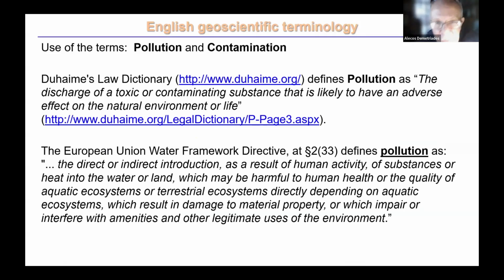The European Union Water Framework Directive, at paragraph 2, section 333, defines pollution as the direct or indirect introduction, as a result of human activity, of substances or heat into the water or land which may be harmful to human health or the quality of aquatic ecosystems or terrestrial ecosystems directly depending on aquatic ecosystems, which result in damage to material property or which impair or interfere with amenities and other legitimate uses of the environment.